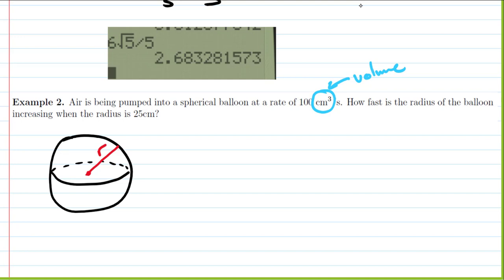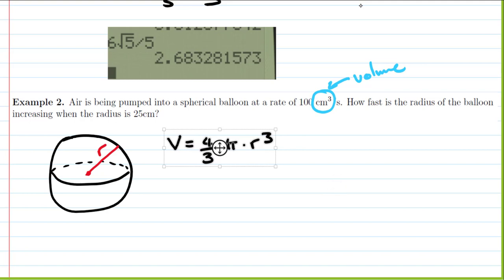So the model that we're probably going to need is that for the volume of a sphere. And what's our formula for the volume of a sphere? Perfect. So we get 4 over 3 times pi times the radius cubed. So that's our volume of the sphere.